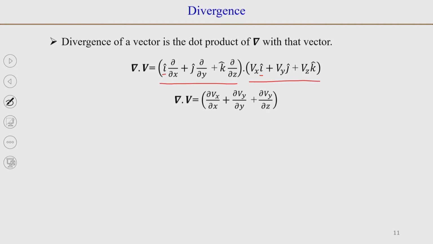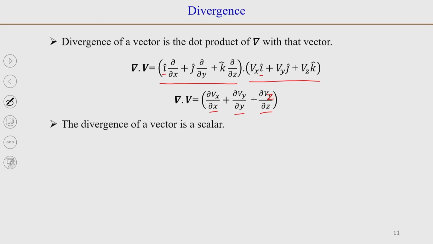So, you will have del v x over del x plus del v y over del y plus del v z over del z. Okay. So, that is the divergence.